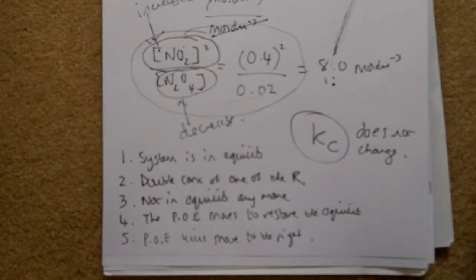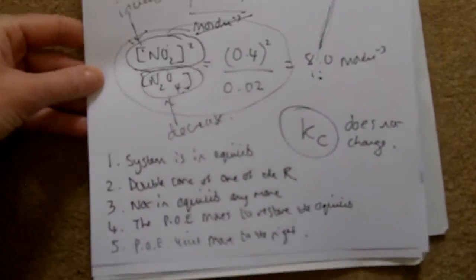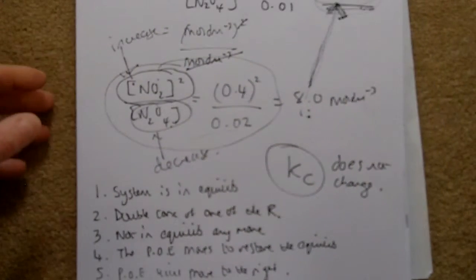Finally, for catalysts, catalysts increase the rate of reaction. Catalysts speed up the reverse and forward reactions by the same amount. Catalysts do not affect Kc, Kp.